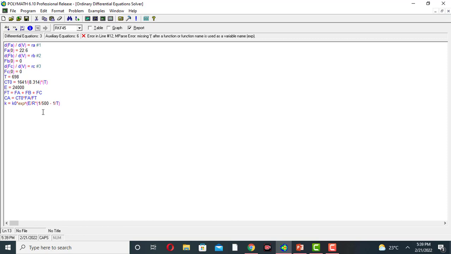Then there is an error of this verify after function use variable experiment, so we will remove this power. Now we use another bracket.